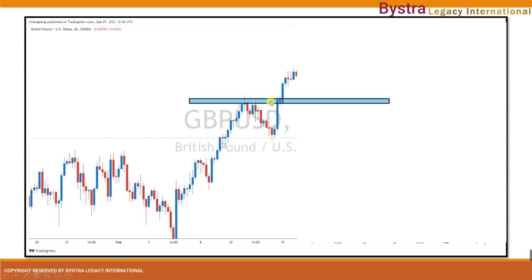We mark the zone of our entry point, which is the body base of the rally base rally. Then we mark the horizontal line at the top of the body of the resistance. Now, how do you know that this will be a capital letter A? The only way we can know this is to move this chart to the line chart.